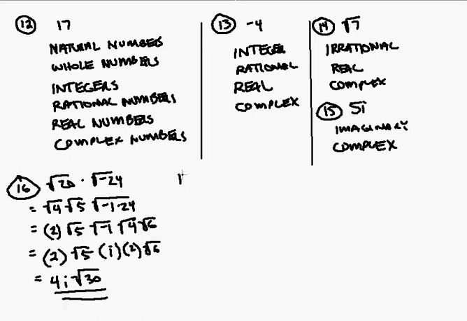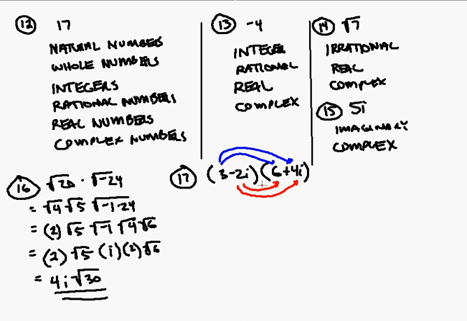Number 17. Number 17, here I have 3 minus 2i and 6 plus 4i. So, using double distributive, I'm going to multiply 3 times 6, and I'm going to multiply 3 times 4i, and then I'm going to come over here and multiply -2i times 6 and -2i times 4i.